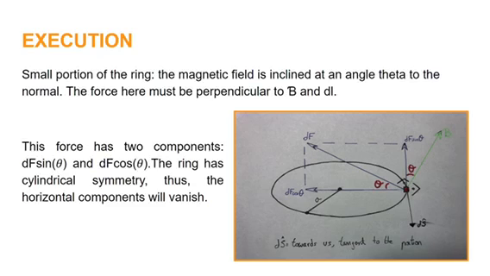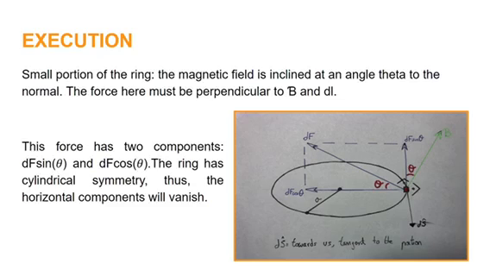The force here must be perpendicular to the magnetic field and dl due to the cross product. This portion has the differential of force dF with two components, the horizontal and the vertical. It's easy to see by basic trigonometry that the magnetic field angle is the same as the force angle, as we can see in the drawing.